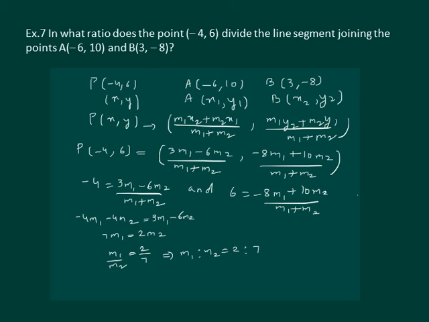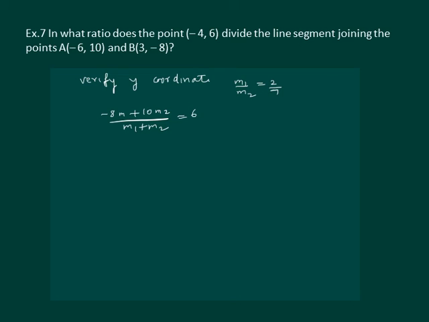We should also verify that this ratio satisfies the y coordinate. So let us do so. To check whether m1 by m2 equal to 2 by 7 satisfies the y coordinate, let us take the left hand side of the y coordinate equation. We get -8 times m1 plus 10 times m2.